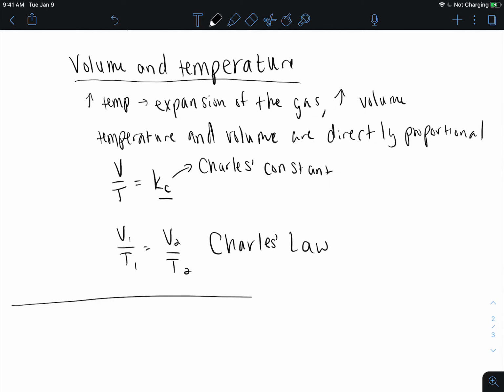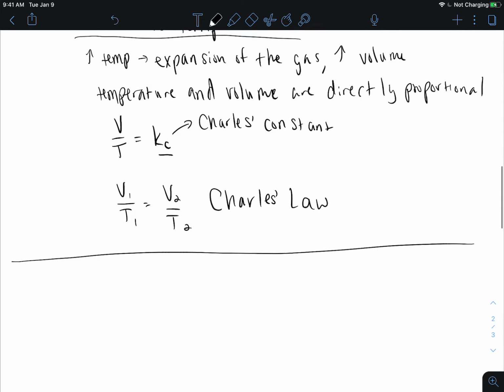Next system we want to think about. Now we're going to think about an inflexible or rigid container. Because we have a rigid container, and because we still have a container, we have a set number of moles.